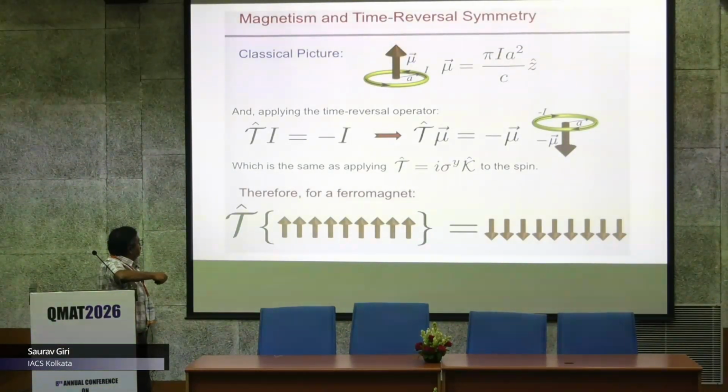Another example: suppose this is a ferromagnetic material with spins pointed along the up direction, and if you apply this operator, it will be down. So for any magnetic ordering, the time reversal symmetry is broken.